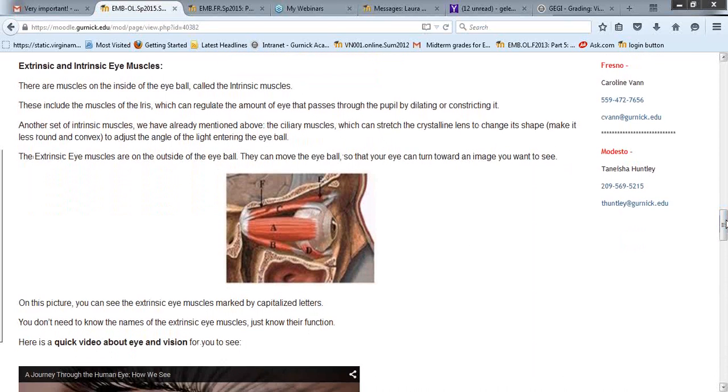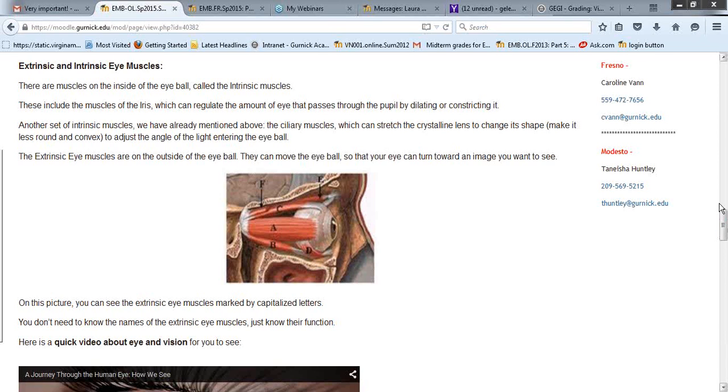Okay. Last but not least, extrinsic and intrinsic eye muscles. The extrinsic eye muscles are the muscles you would find on the outside of the eyeball. That's why they're called extrinsic. They're outside. These muscles are used to rotate or move the eyeball so that you can look in different directions.